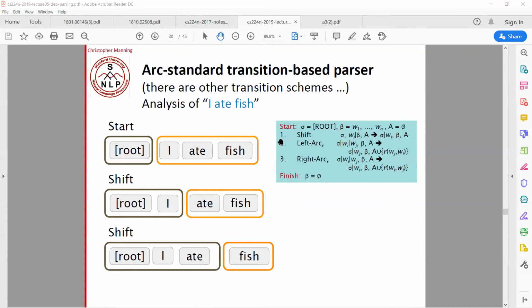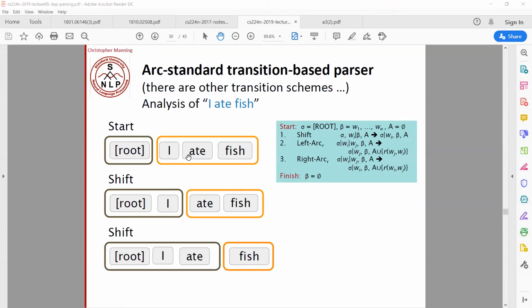Okay, so we go back to the document, and this is the one Srinivas mentioned, a worked example that might be useful. So this would be the stack here and the buffer here. Then you do a shift operation, moving this word from the buffer. The buffer is the orange, and the black is the stack.